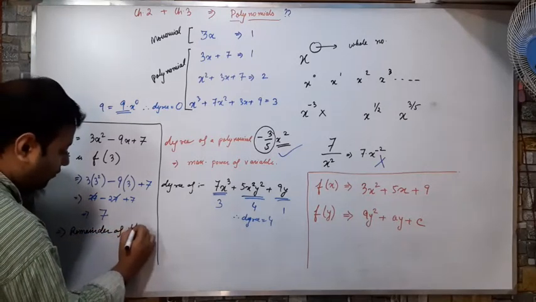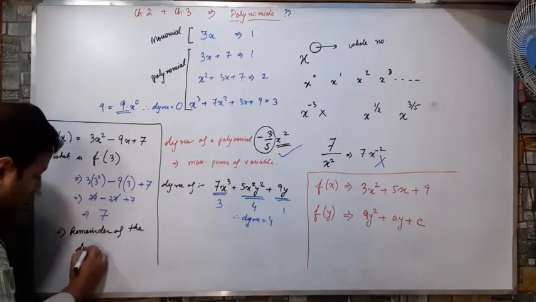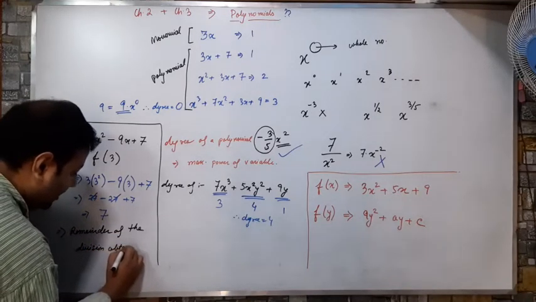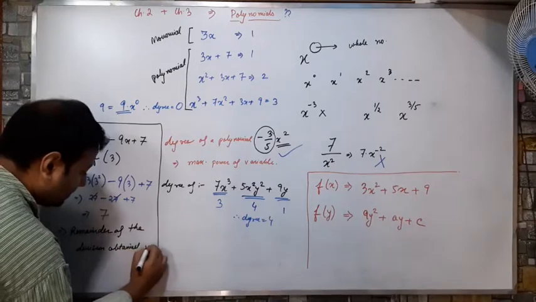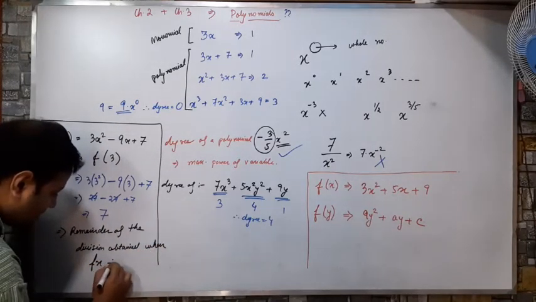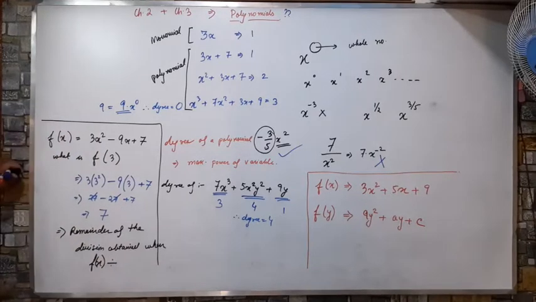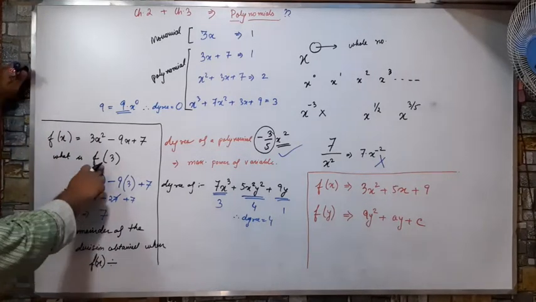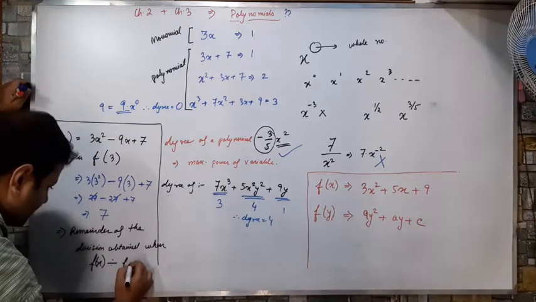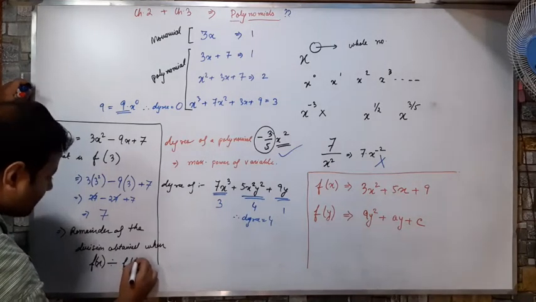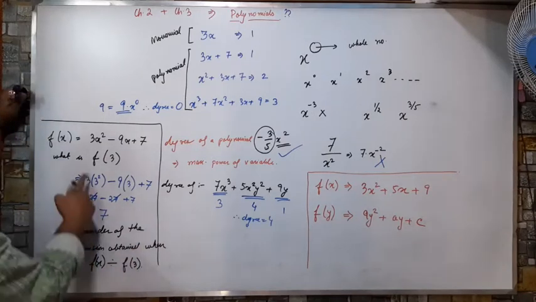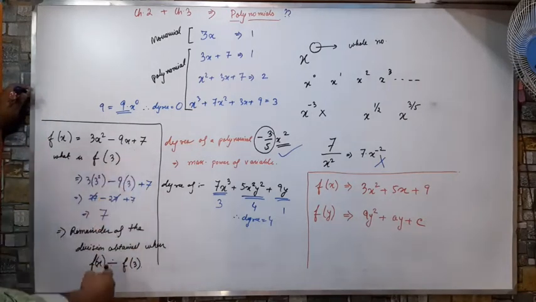Remainder of the division obtained when f(x) is divided by x minus 3.